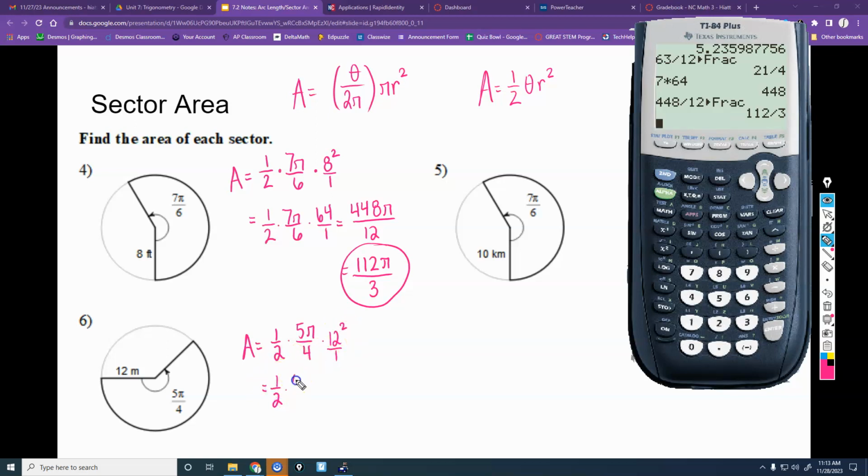So 1/2 times 5 pi over 4 times 144 over 1. And so if I multiply that top, I'm doing 144 times 5, and I get 720. 720 pi over 8. And then I want to reduce that.